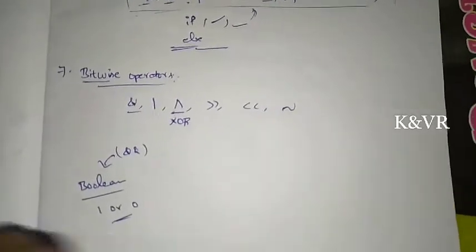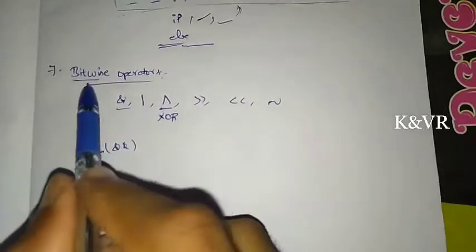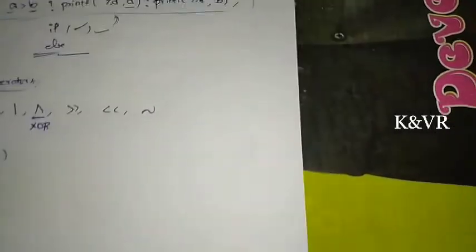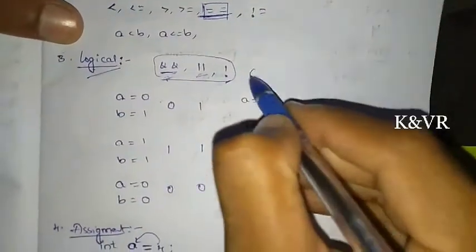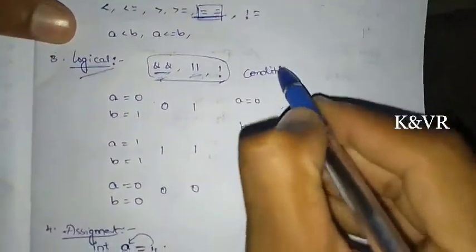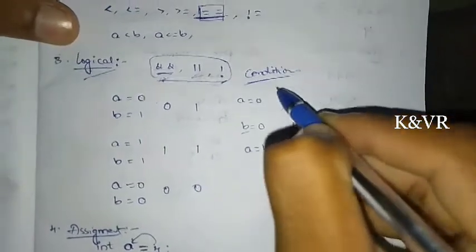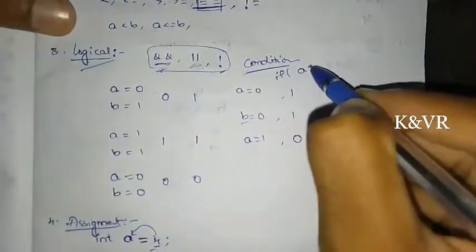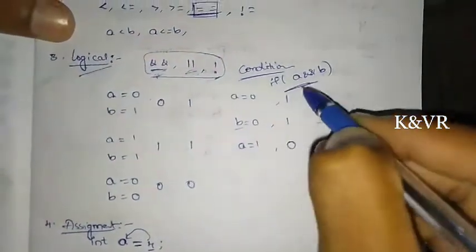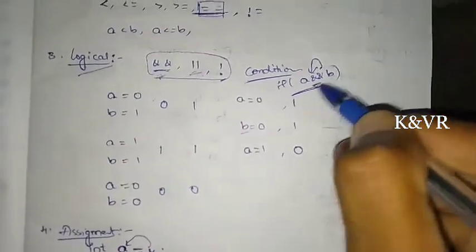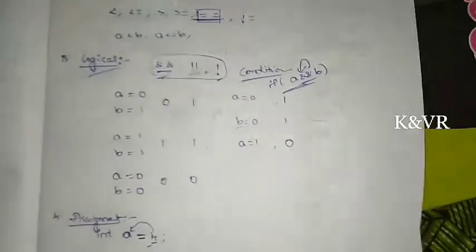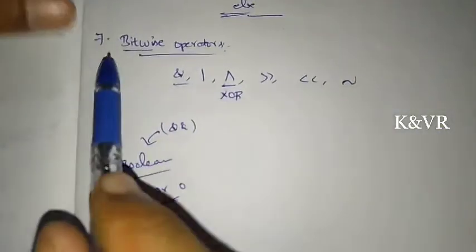There is a difference between bitwise operators and logical operators. We use logical operators mainly in conditions, suppose in if A and B, here it will return true or false values. That is the difference between logical operators and bitwise operators.